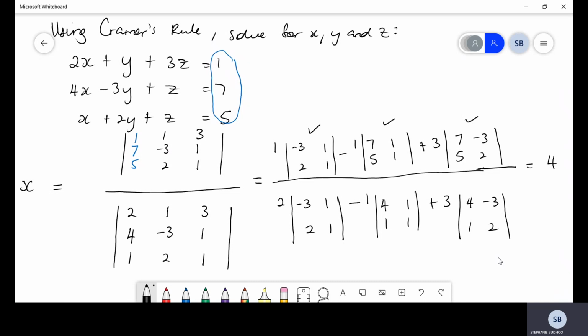Once you really understand the concept of Cramer's rule, and you can use the tips and tricks of simply replacing a particular column with the values on the right hand side, I think this method is a definitively hands-on one that a lot of students enjoy using at the end of the day. So I hope that was very helpful.